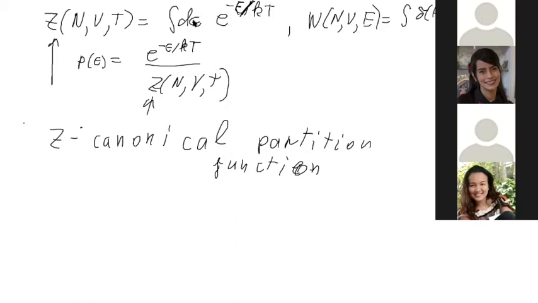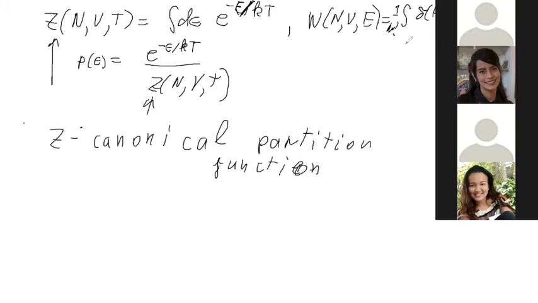Now, again, we have defined the microcanonical partition function as an integral. By the way, I forgot 1 over n factorial here, as an integral over phase space variables x and p, right?